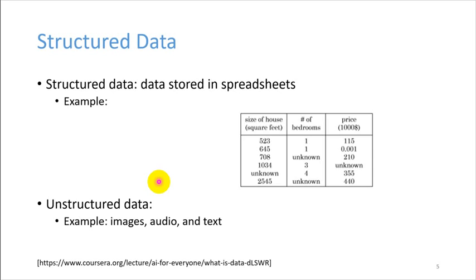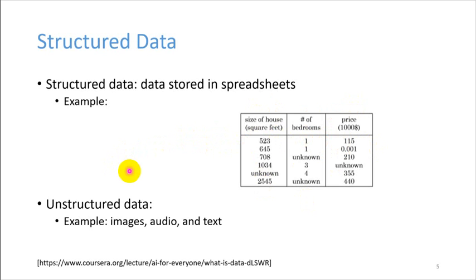What I mean by structured data is that when the data can be stored in a spreadsheet like this, it can be called structured data. In structured data, we have columns as attributes, and we have rows of data as records, different records.